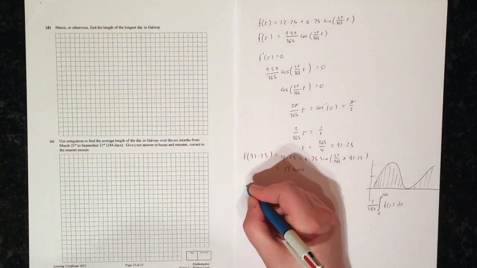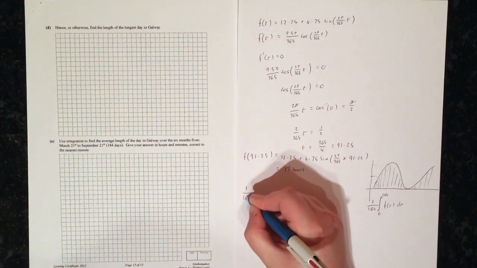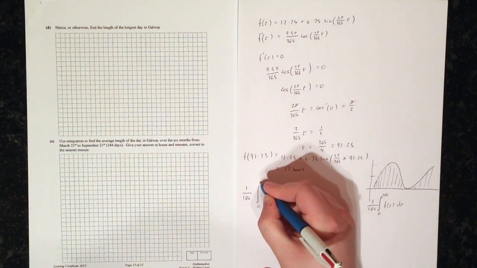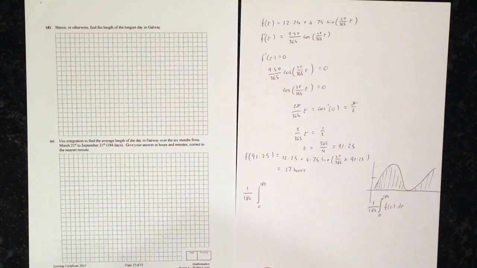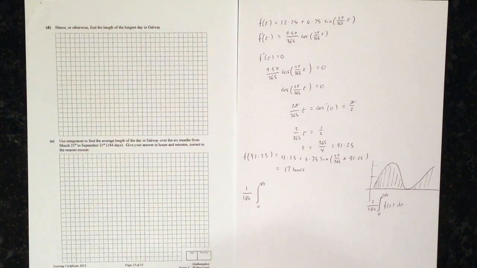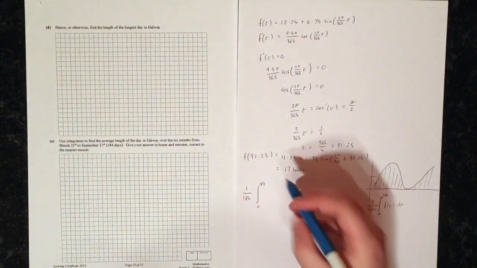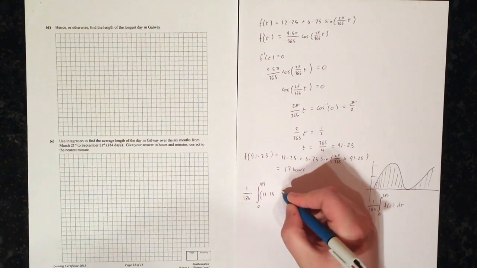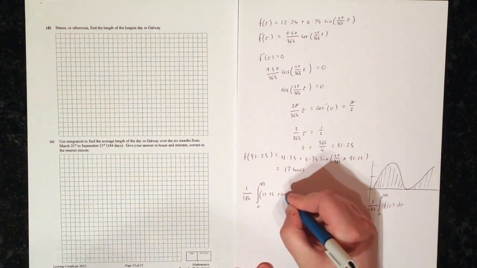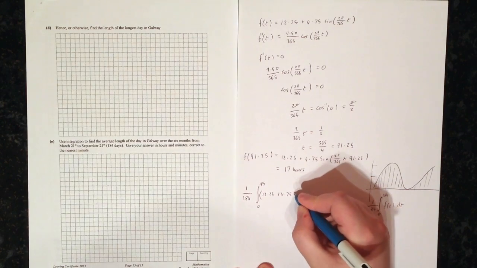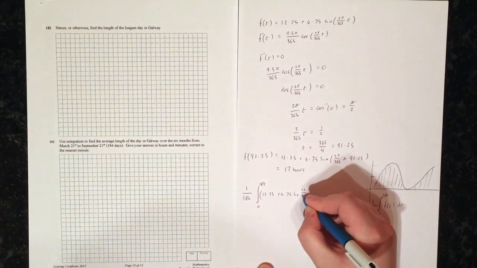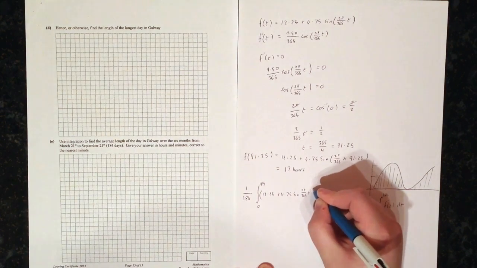So we want to calculate 1 over 184 times the integral from 0 to 184 of our function f of t, which is 12.25 plus 4.75 times sine of 2 pi over 365 times t.